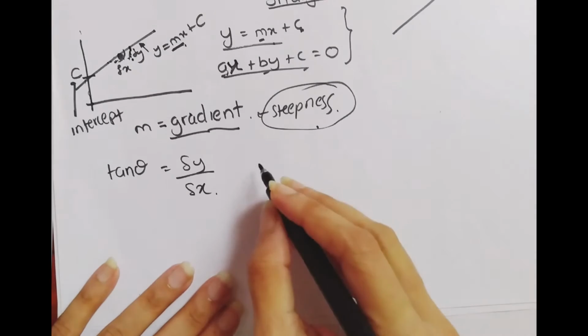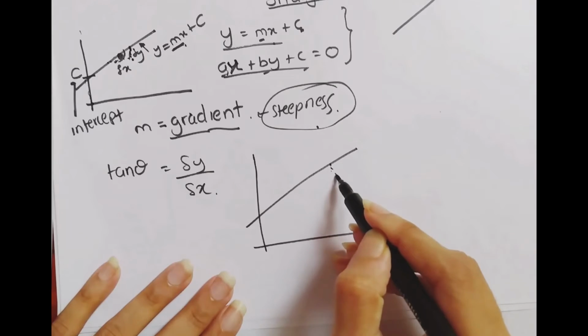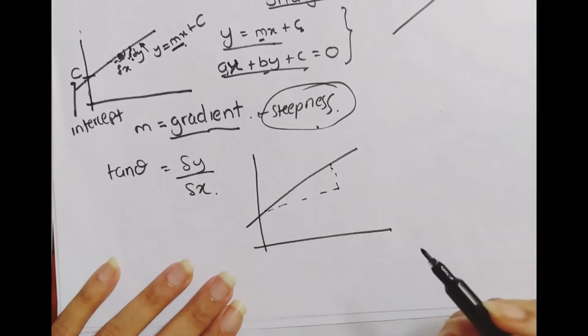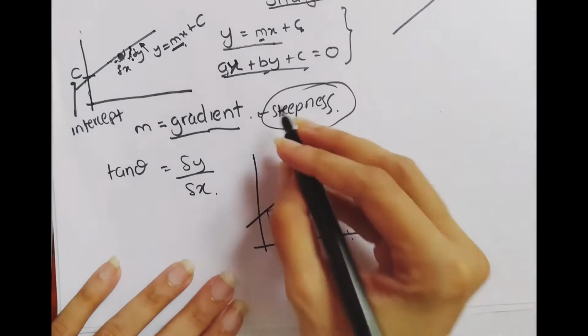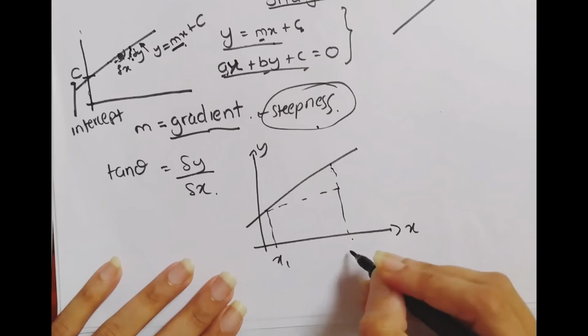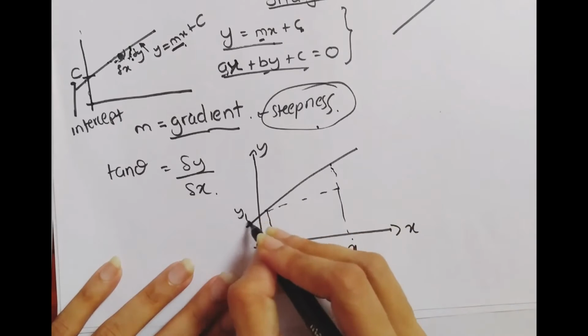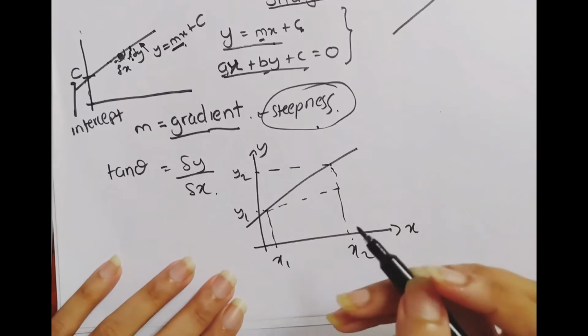If I draw this more specifically, I want the steepness of this line, so I take 2 points. This is y, this is x. Then this is x1, x2, and this is y1 and y2.